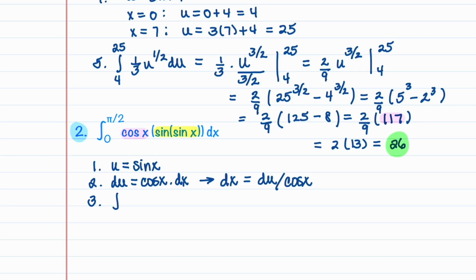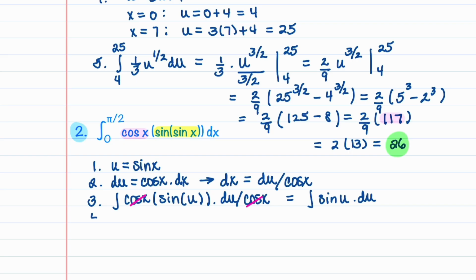We're going to write this as the integral of cosine x times sine of sine x, which is now u, times dx, which is now du, divided by cosine x. Because we chose u properly, our cosines cancel out, and we just have the integral of sine u du. So our choice of u was a really good one.